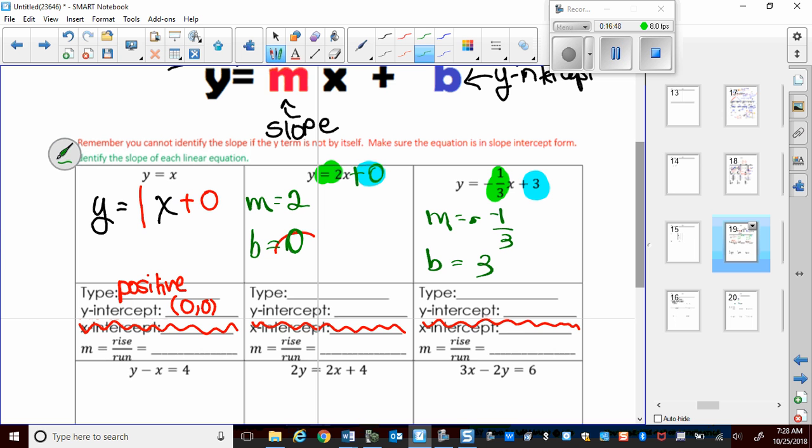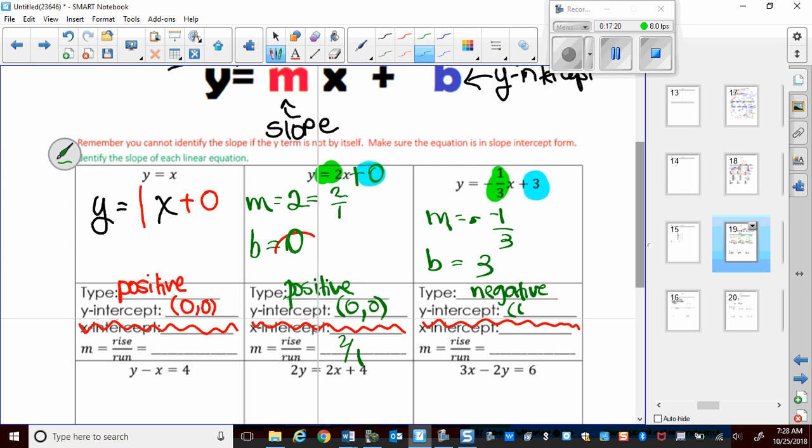So let's go back through. My slope is positive, so this is a positive slope. The y-intercept is 0, 0. The rise over the run, if you have a whole number only, 2 also equals 2 over 1 to make it a fraction. 2 over 1. Over here, slope is negative.